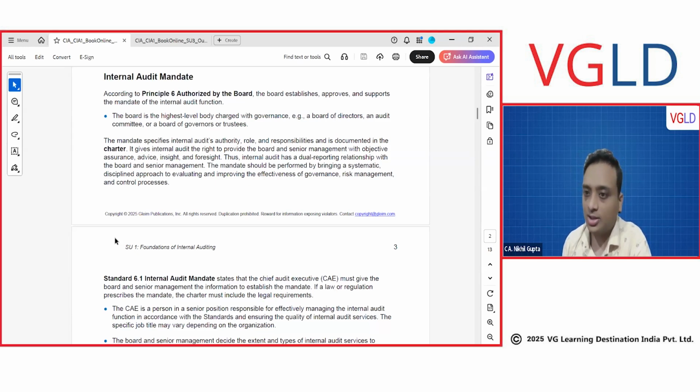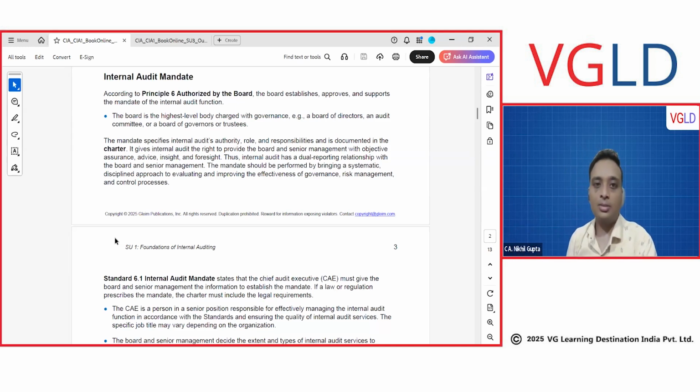They have to reach out to trustees as well. Or they might need to reach out to the board of directors. So what is the board doing? Authorization by board. What is the board doing? The board establishes, approves and supports the mandate of the internal audit function.